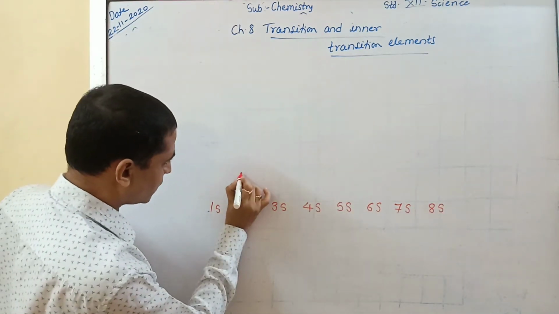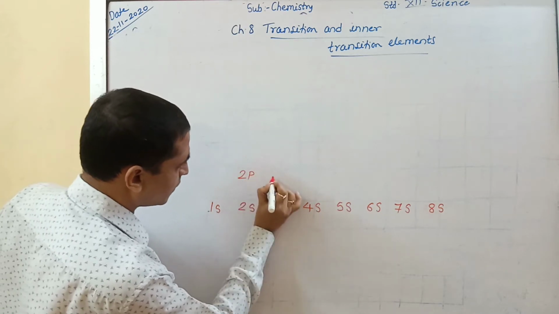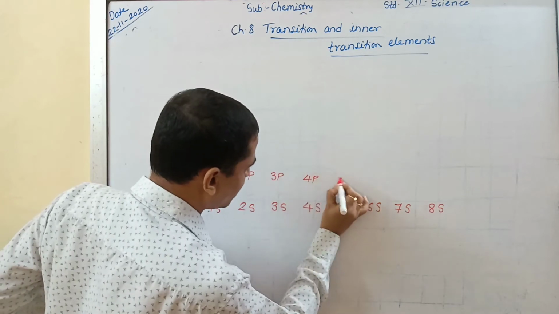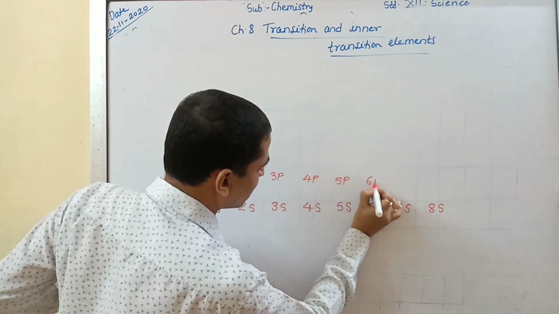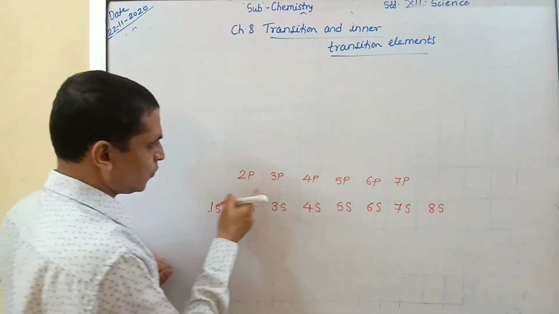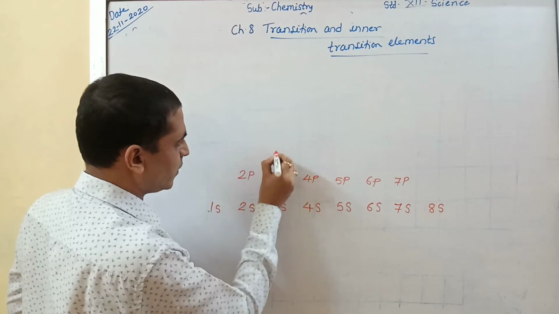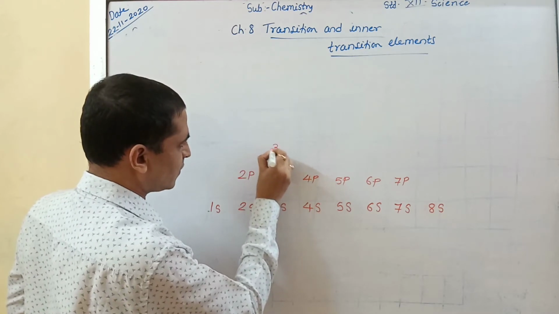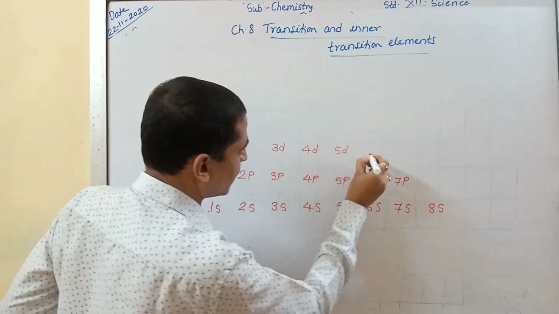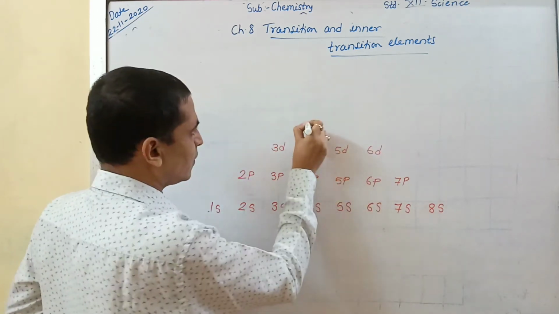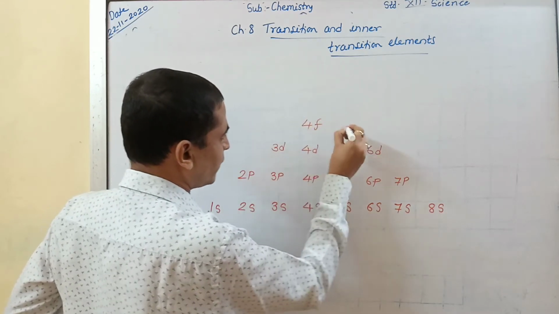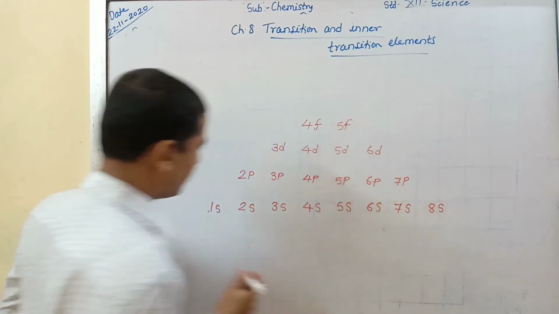Now don't consider 1 here. Take 2p, 3p, 4p, 5p, 6p, 7p. Now don't consider 2 and this 7. You get 3d, 4d, 5d and 6d. Don't consider 3 and 6. Then you get 4f and 5f.